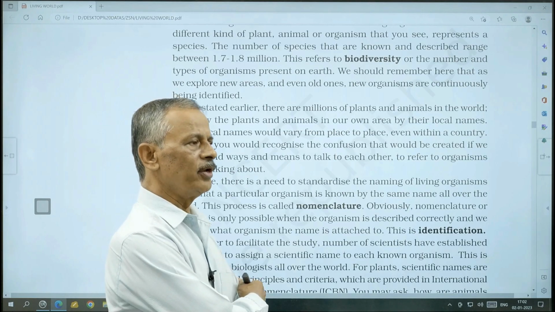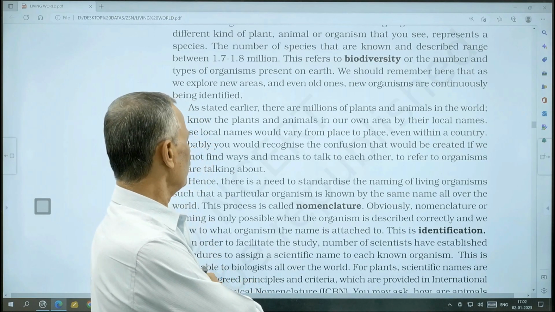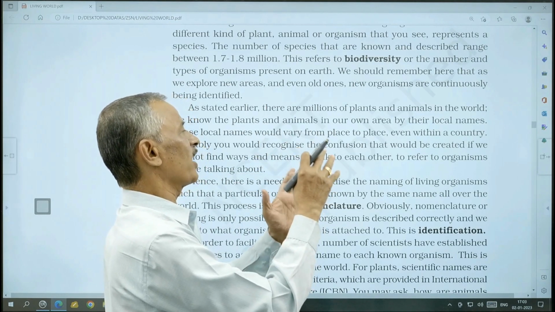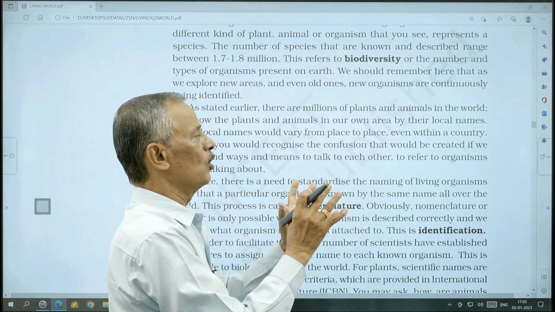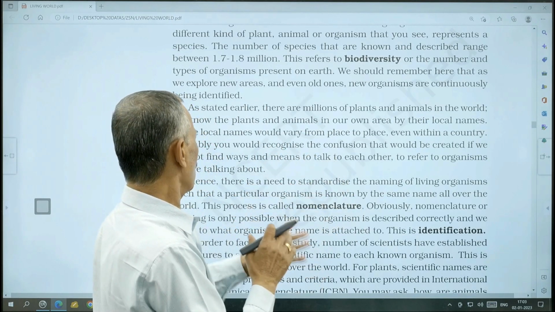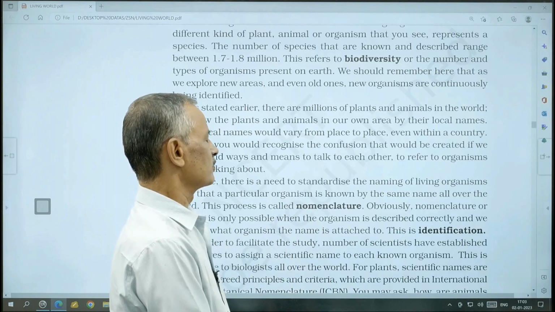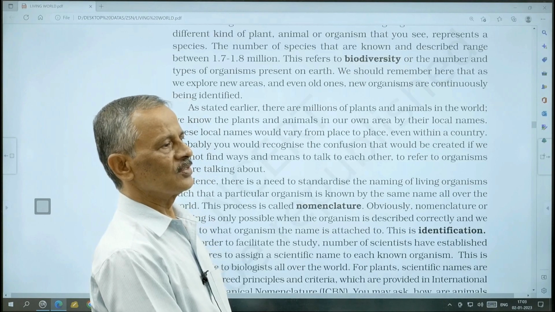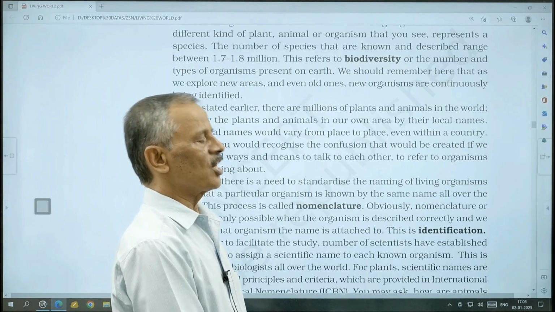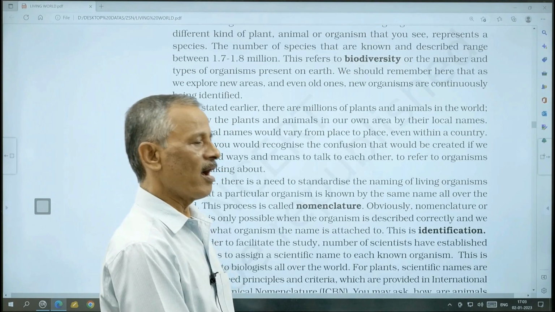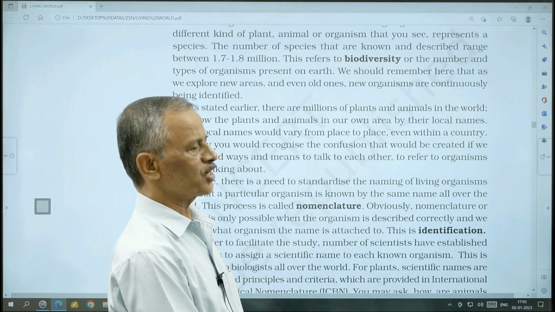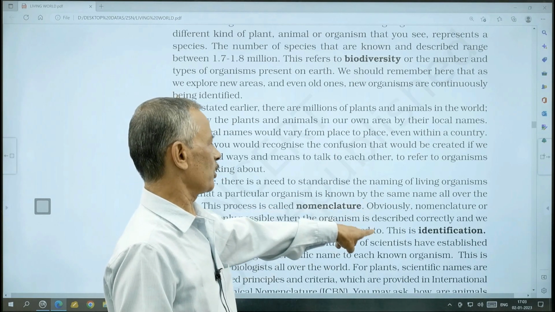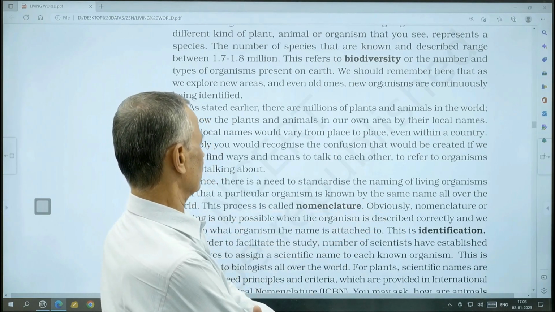If we want to give the correct name, then we should know to which organism, an organism which is having so and so characters. What are the characters this organism is having, to which this name is given. For that, we have to study the characters, and the study of characters is called characterization. It is the description of that organism. Then only we can identify that organism. So that is the basic thing, identification.